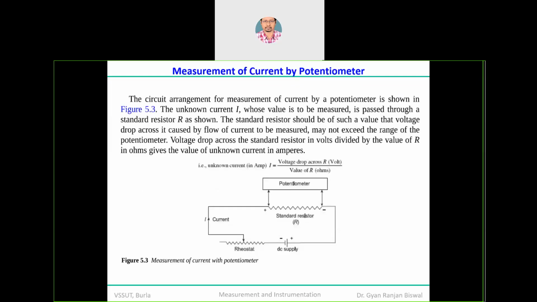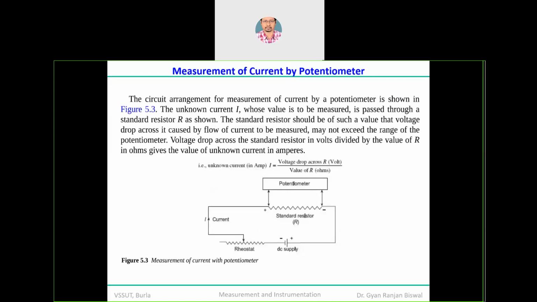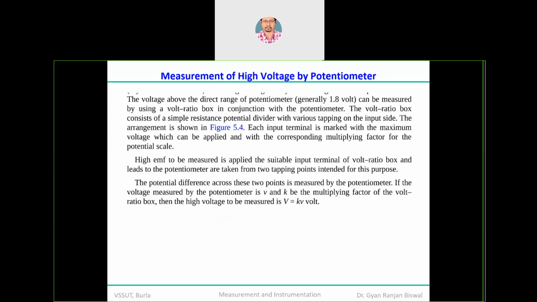Now, if you want to measure a very high value of current, or in other words, a very high value of voltage, what you need to do is modify this configuration in such a way that you convert it into a voltage ratio box. Remember, now we talk about the measurement of high voltage.